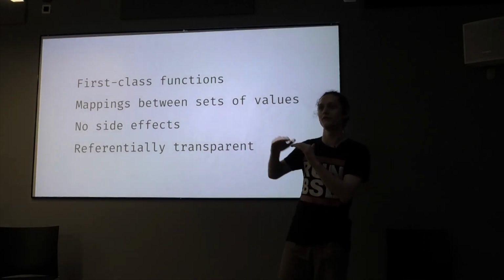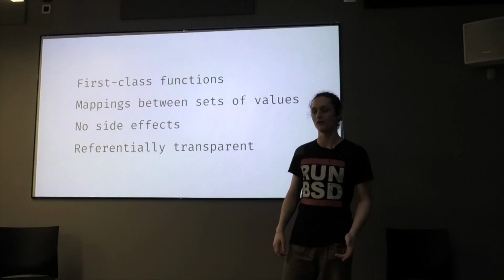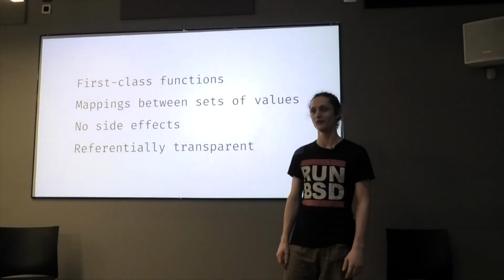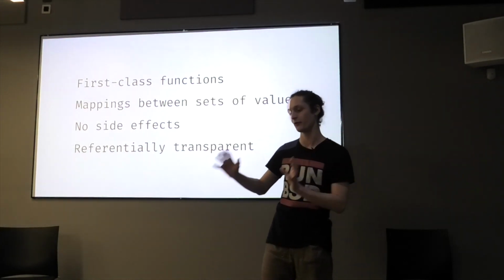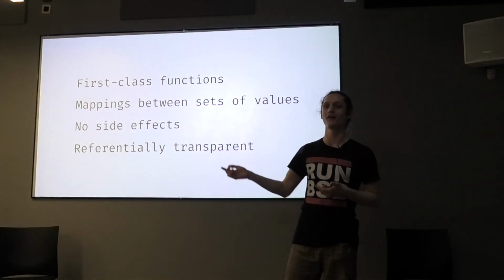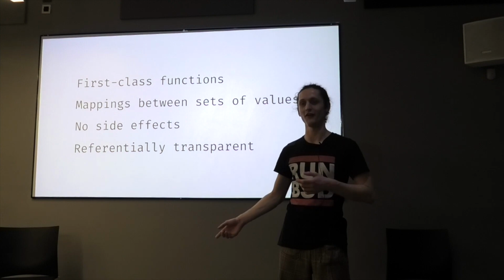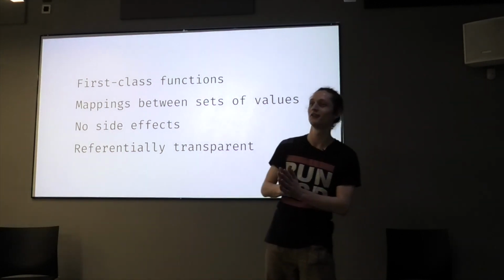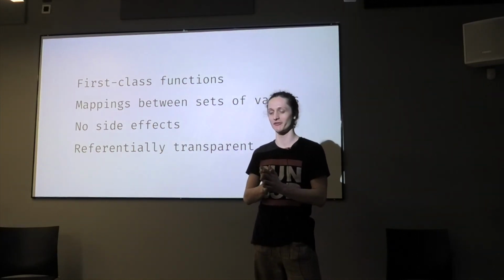They're not sequences of instructions like you have in any other kind of normal language. So it's purely this relational aspect that you focus on. They're a lot more like functions from mathematics, where you might have f of x is equal to x squared or something like that. That is to say, they can't do something like print something to the console directly, or delete all of the files on your disk or something like that.